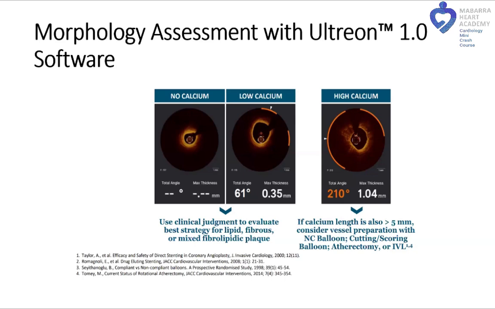So the total angle is around 210, and the maximum thickness is more than 1. So in this example, you need to consider NC balloon, cutting, scoring balloon, atherectomy, IVL, etc. While in the first two examples, you can either get away with direct stenting or just pre-dilatation with a regular balloon.